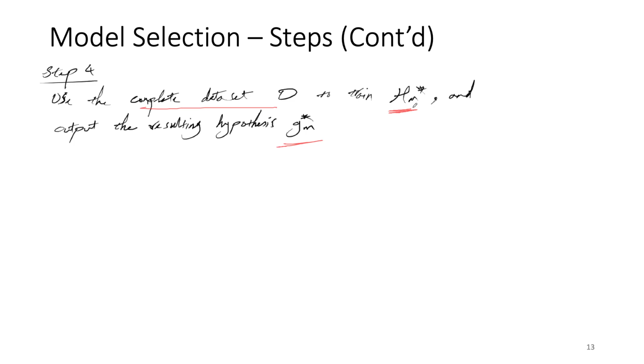Now that we used the validation set in order to pick the best hypothesis, we don't need to downsample, lower our training data. We can train it on all of the data because we knew that this is the best hypothesis that's working given our data. And this will generate the best candidate that we could have achieved with our learning algorithm and our hypothesis set.